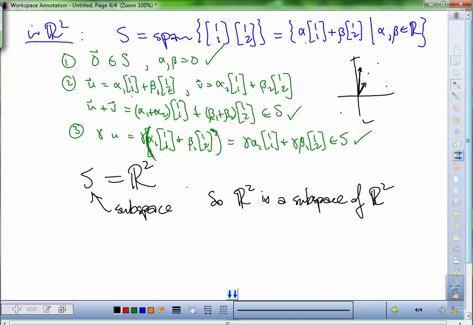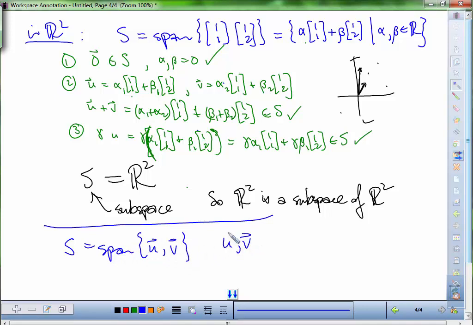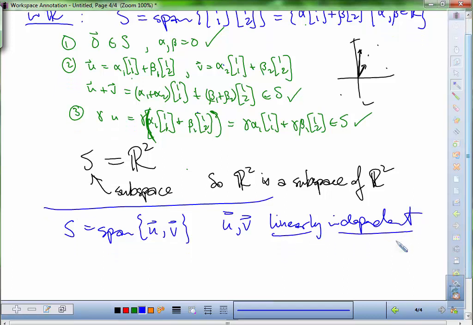In fact, in this example, if we have any two linearly independent vectors, as long as those two vectors are linearly independent, then the span of those two vectors will end up spanning all of R2, and therefore is a subspace.